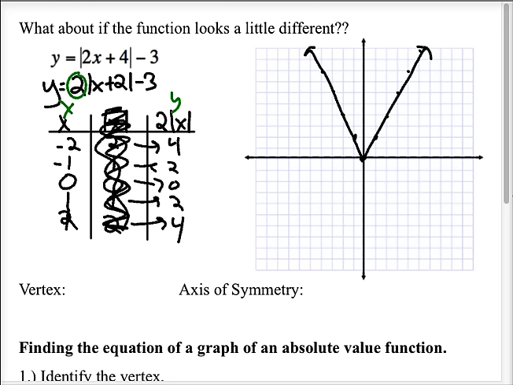Now from that stretch, we can look to see what else is happening. Here, I see a vertical shift, 2 to the left, because horizontally, a positive means left. Then the vertical works the way that you think it should. That means you're going 3 down. So let's plot that vertex. 2 to the left, 3 down, puts me right there.